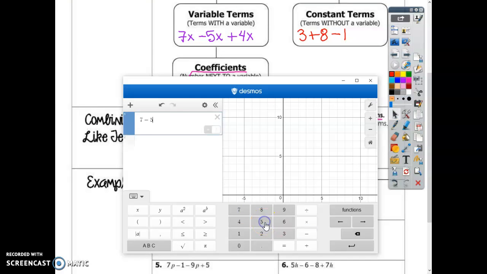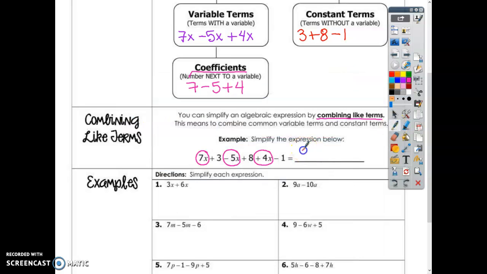Gives you 6. If you put the whole thing in there, it's going to be 6x. So right here I'm going to put 6x with the same color, because this goes with this, and the answer is 6x for the variable term.